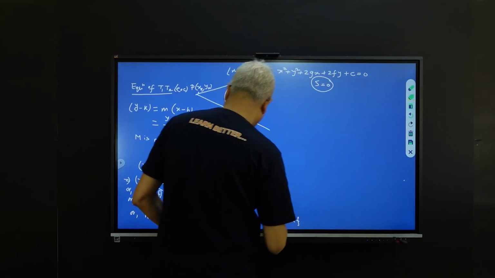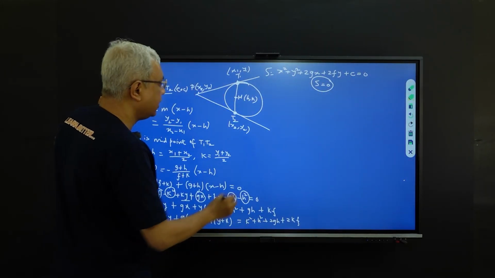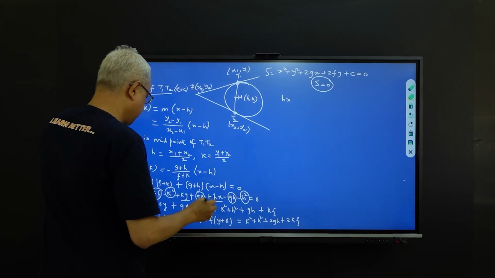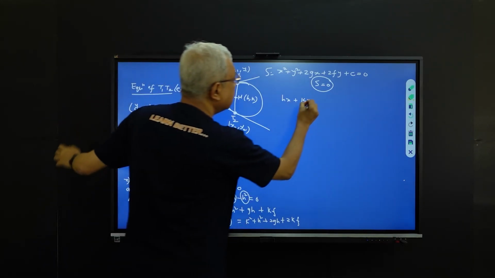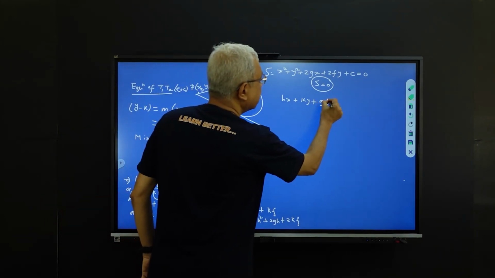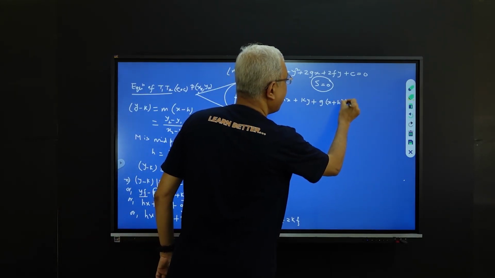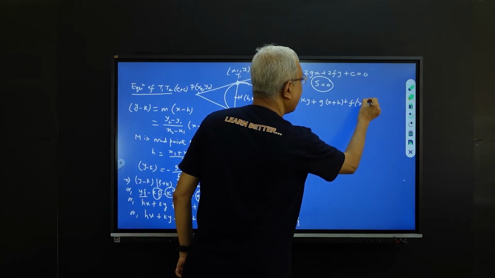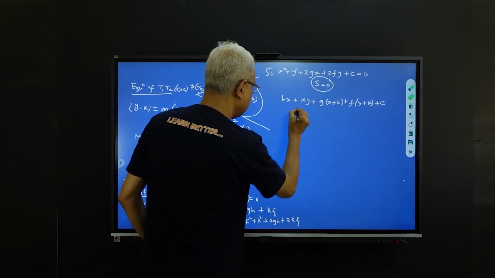Whatever we have obtained so far, I write hx plus ky plus g(x plus h) plus f(y plus k), and I add a c here and here also in the right hand side.